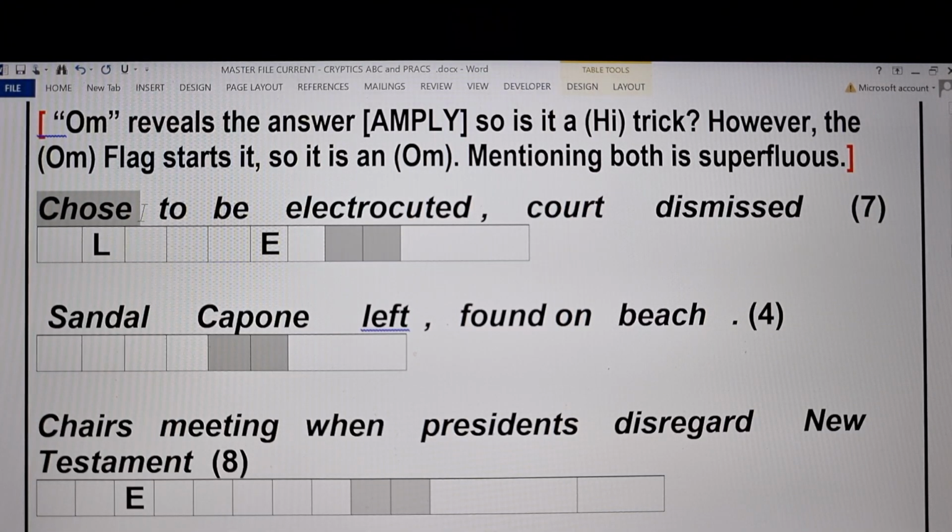What's that a synonym for chose? He chose a wife. He chose to go. He chose the car. He chose a piece of cake. All those things. There's lots of synonyms, no doubt. We've got meanings, but we haven't got a synonym yet. What's a synonym for chose? He chose to go a certain way.